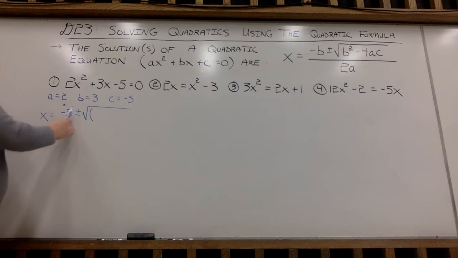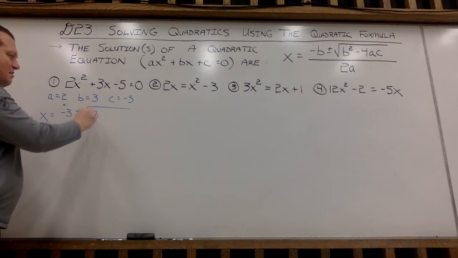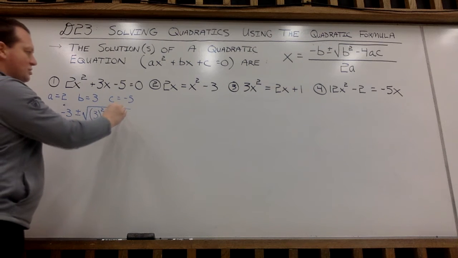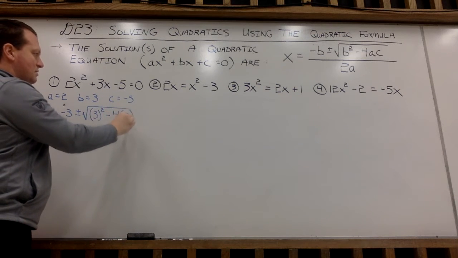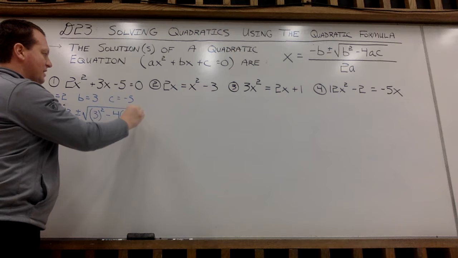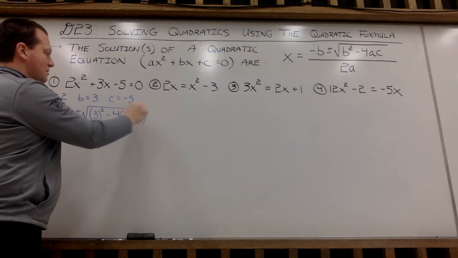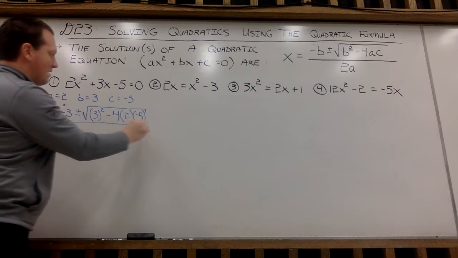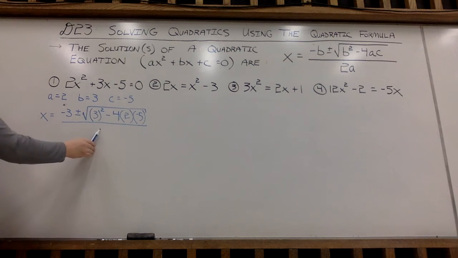So I've got opposite of b, plus or minus b squared minus 4 times a, which is 2, times c, which is negative 5. I'm going to divide that then by not 2, but 2 times a, so over 2 times 2.